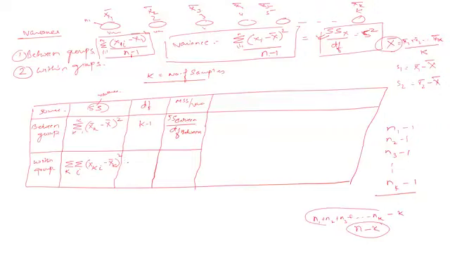So the degrees of freedom would be n minus K.